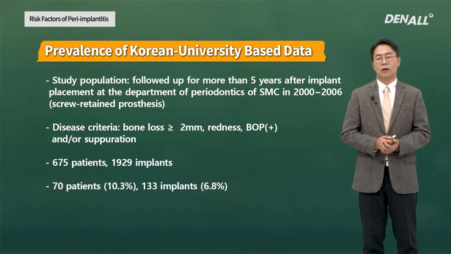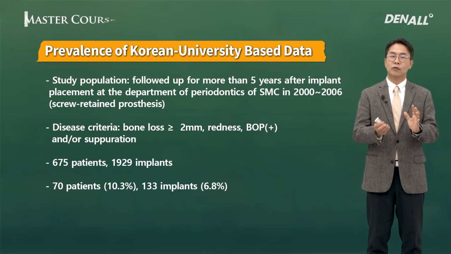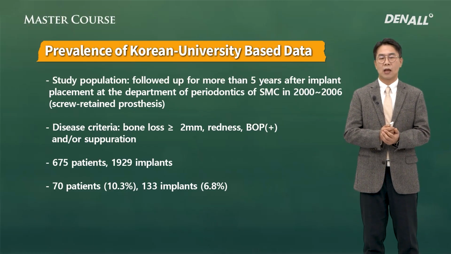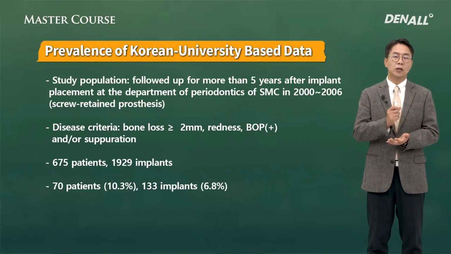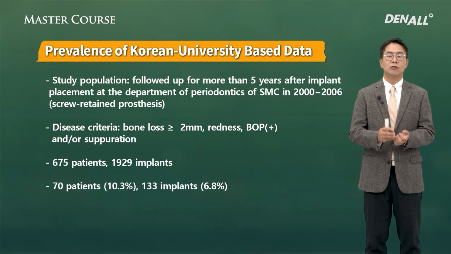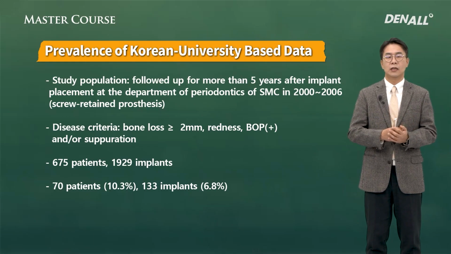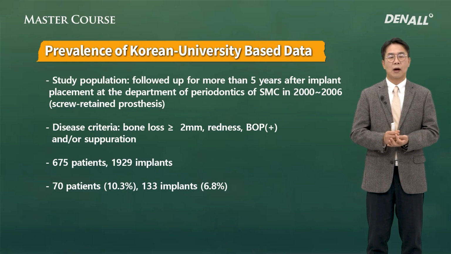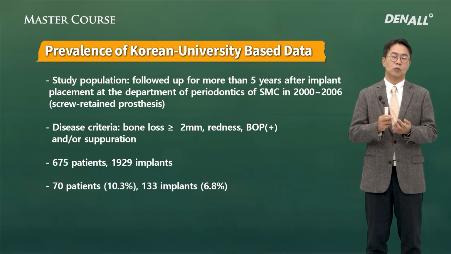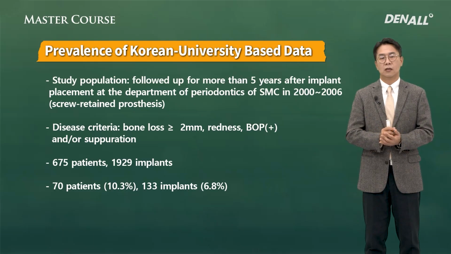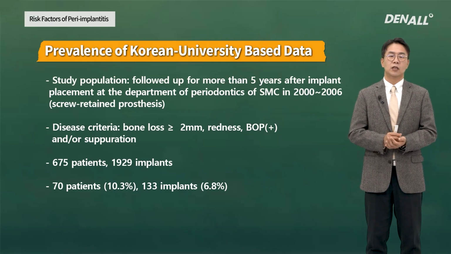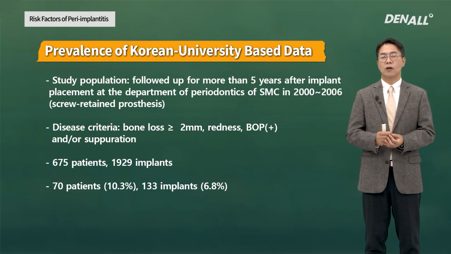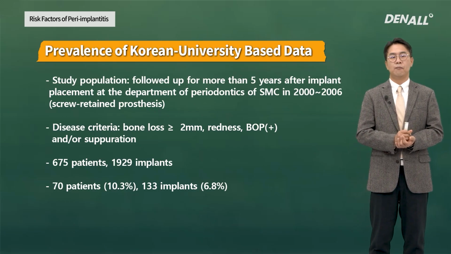In our hospital, to clear up the confusion, we did a study. The study population is those who have been followed up for more than 5 years after implant placement, with bone loss of 2 millimeters or more, redness, and/or suppuration, with 675 patients and 1,929 implants.